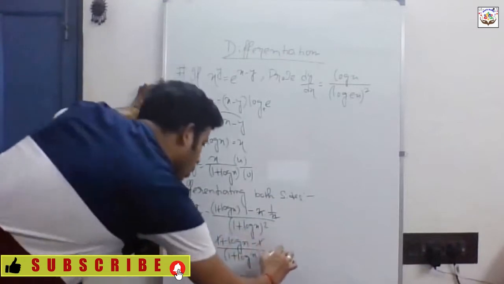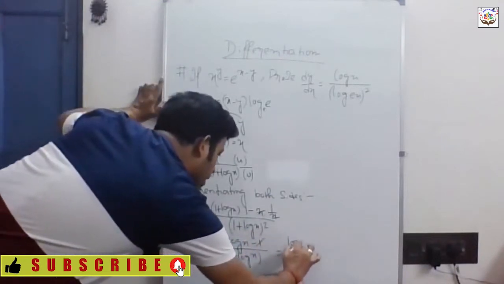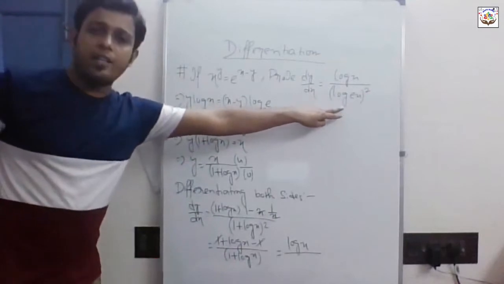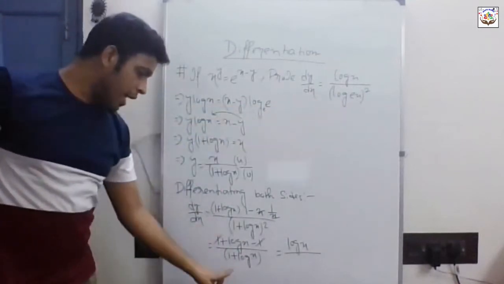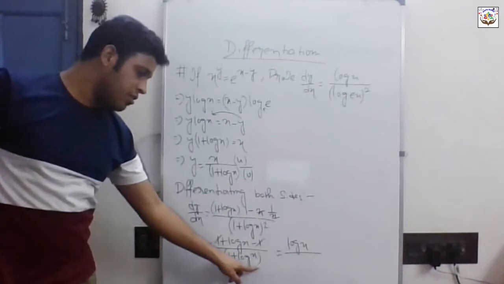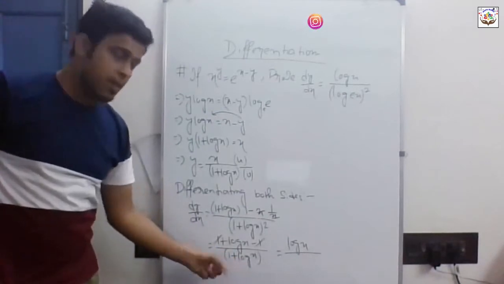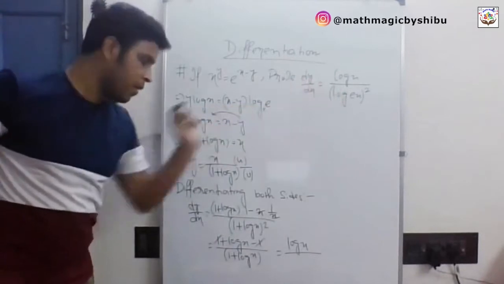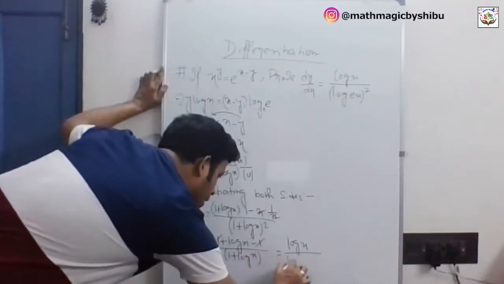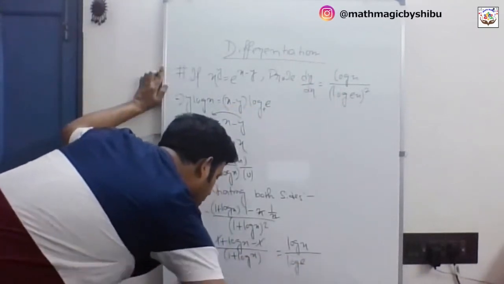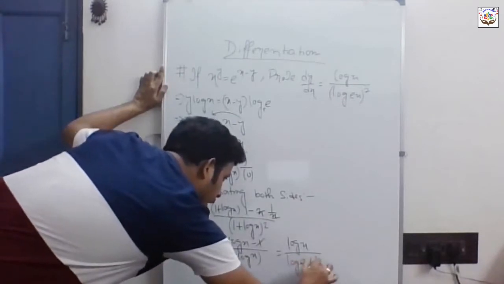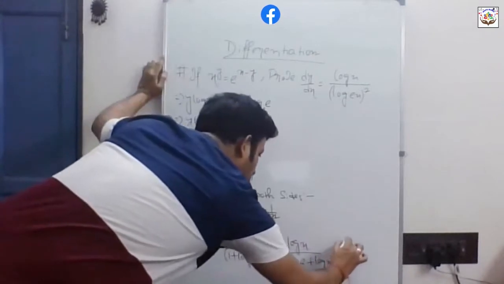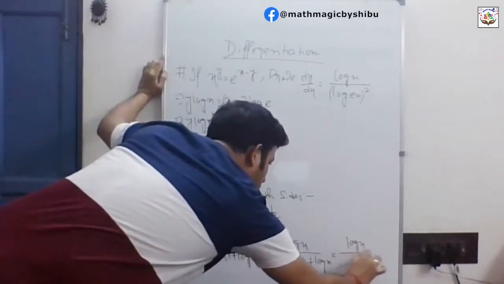So what remains is log x in the numerator, and as we have to prove the form given in the answer, we can keep the denominator as 1 plus log x, but as we need to prove the denominator as (log ex) whole square, can we write the 1 as log e, and I'm keeping the log x as it is. So can we write log x divided by (log e plus log x) whole square.